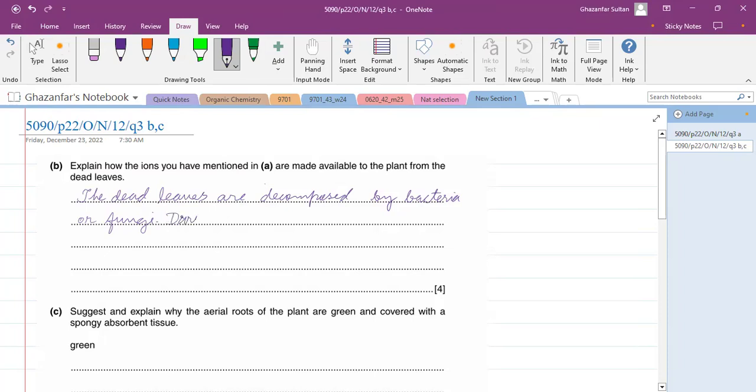During this decaying process, ammonia or ammonium ion are converted, oxidized.